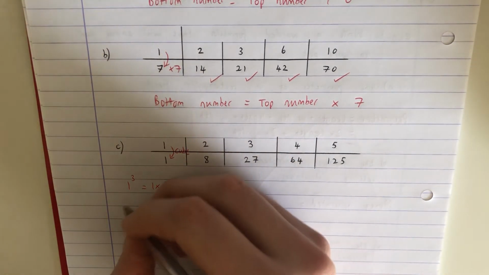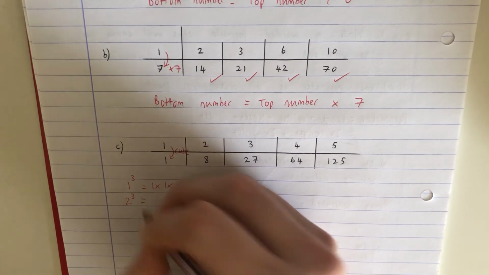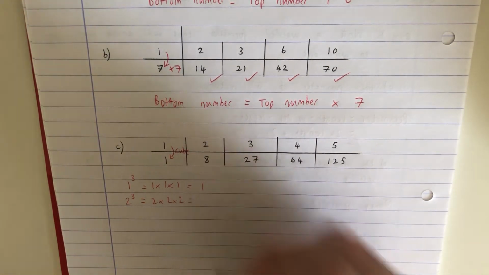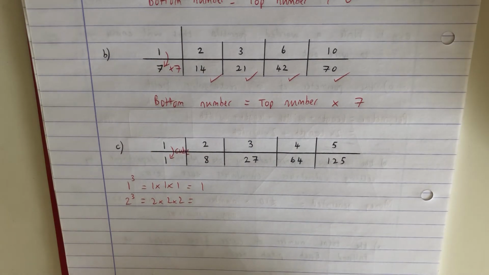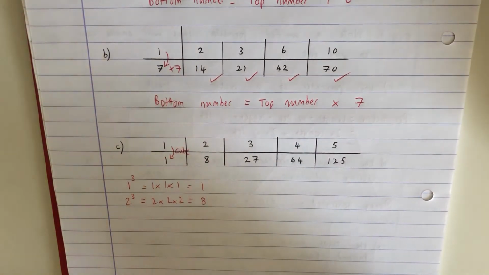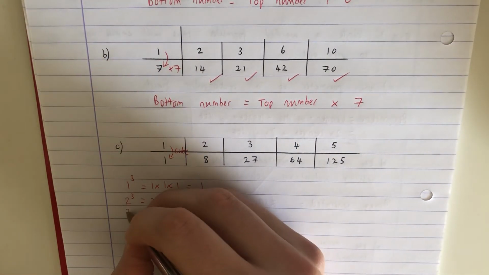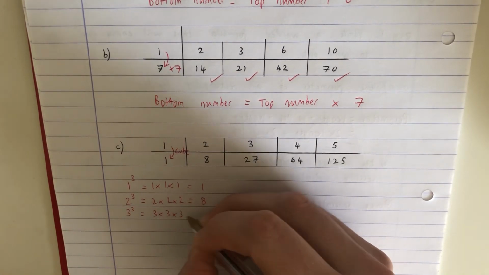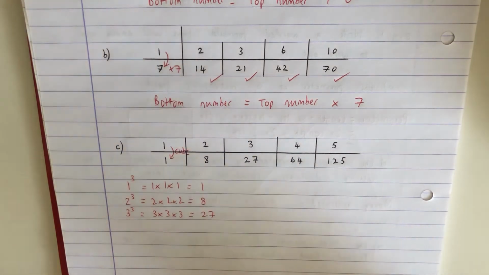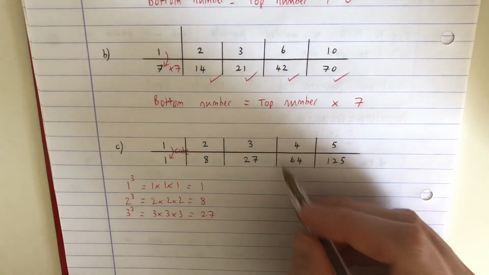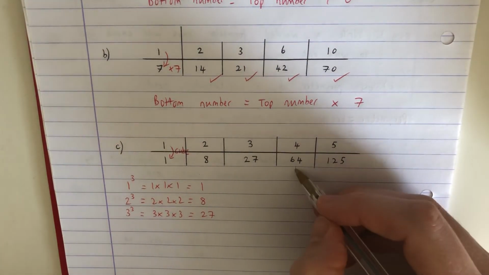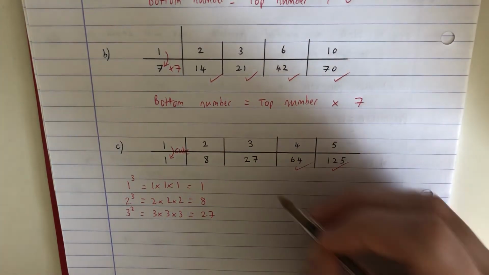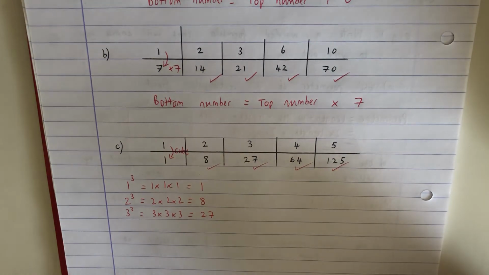Next top number, 2 cubed is the same as 2 times 2 times 2, and that gives you 8. 3 cubed is 3 times 3 times 3, which gives you 27. 4 cubed is 64. 5 cubed is 125. It works for every single one.